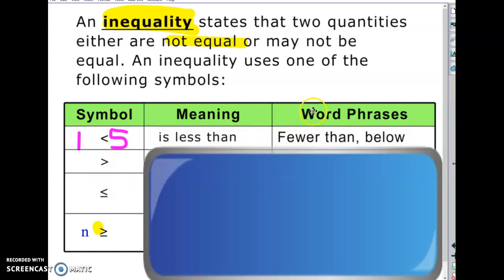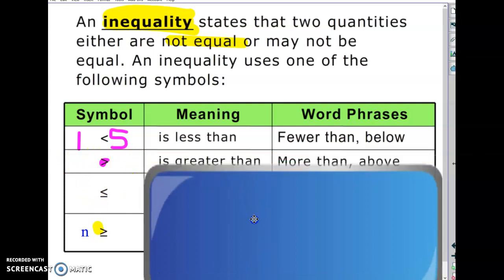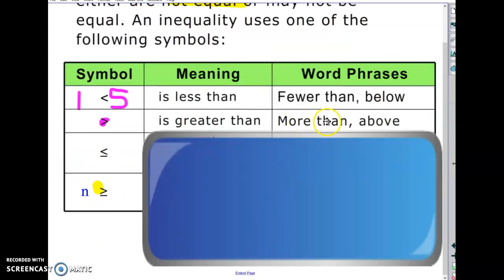In a word phrase, they may use phrases like fewer than or below. Our next symbol is the opposite, the greater than symbol. The number on the left is greater than the number on the right. Words you may use would be more than or above. So there are more than 15 people could say x is greater than 15.